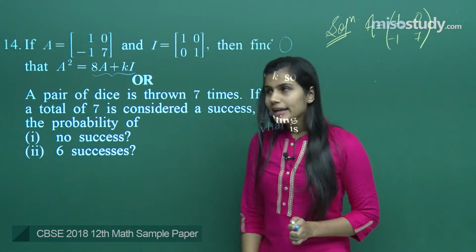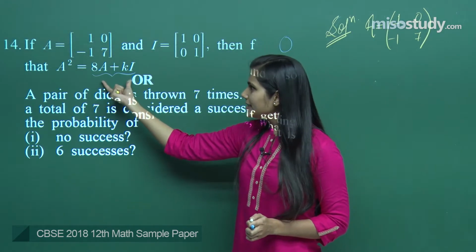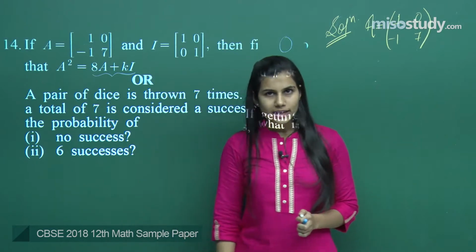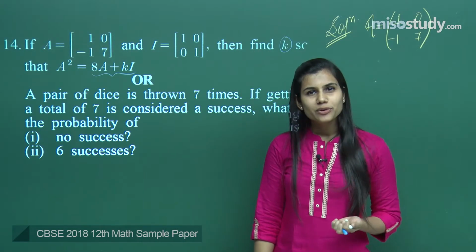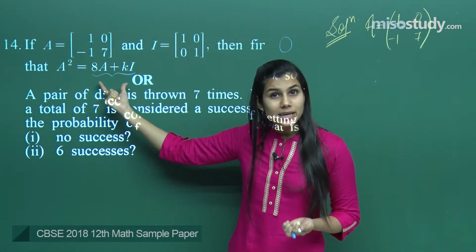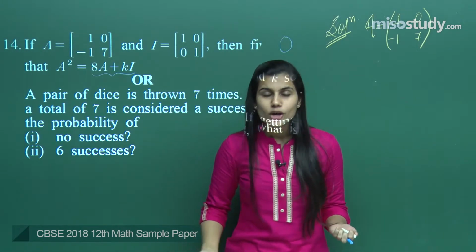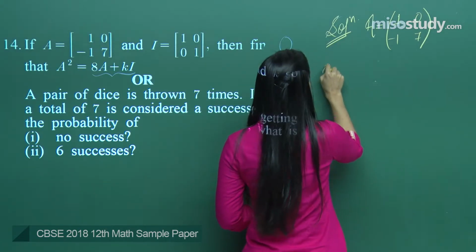If I need to find that K such that 8A plus Ki equals A square, first of all I should know what is A square. If I don't know what is A square, how am I going to see what 8A plus Ki should actually become? So let's find out A square.